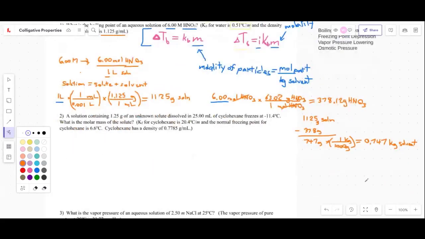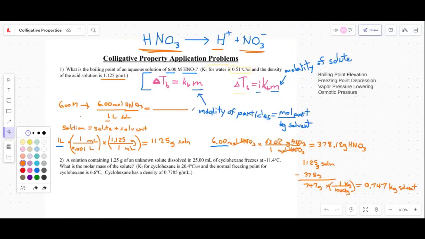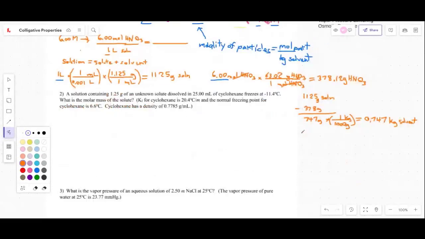Now that you have your solvent and you have your moles of solute, here's the thing. A lot of things don't dissociate. There's a lot of things that we use that don't dissociate. So you just got to check at the beginning to see if this is a solution that would dissociate. HNO3, of course, does. Let's go ahead and just calculate the molality of the HNO3.